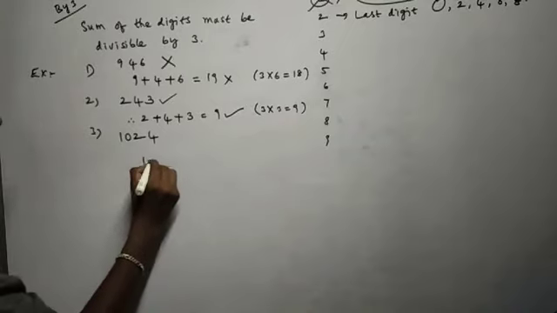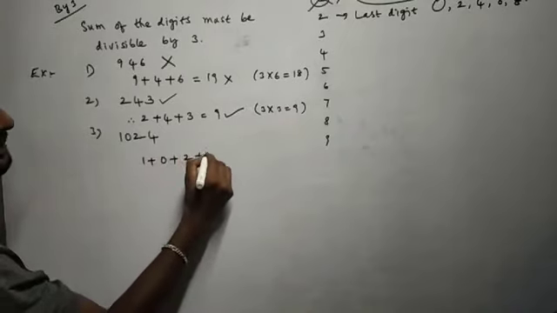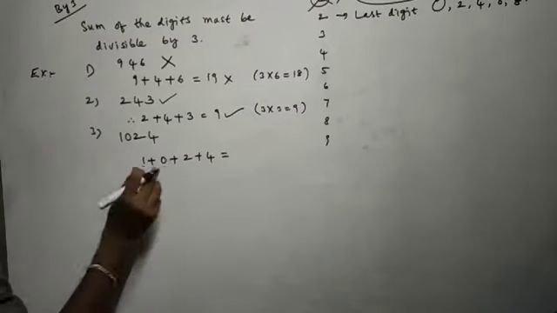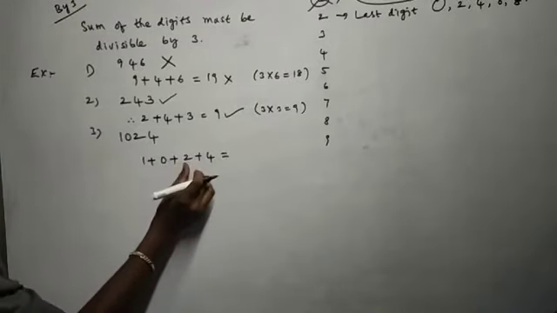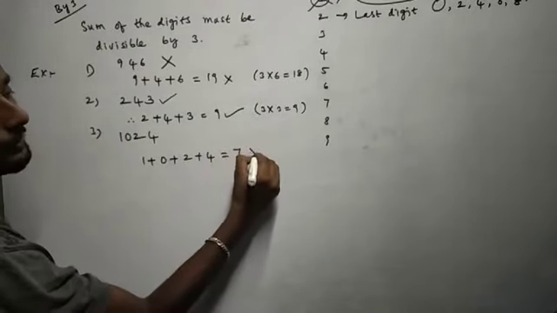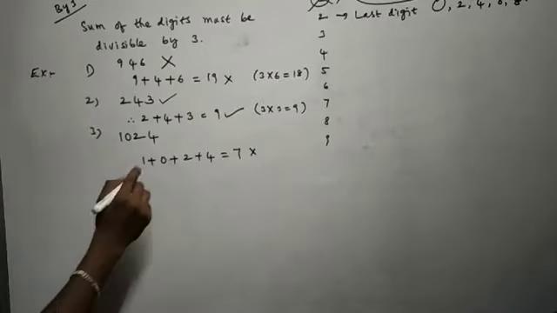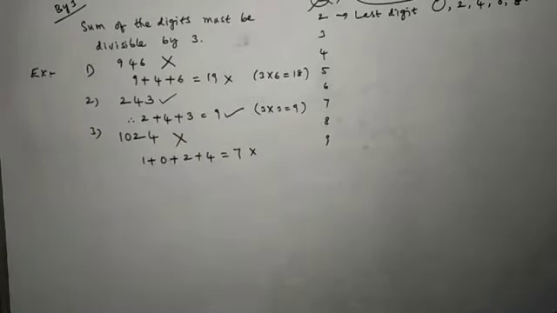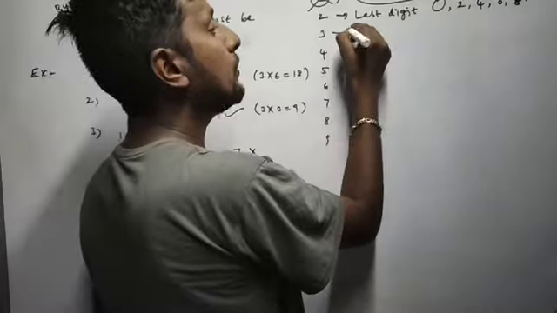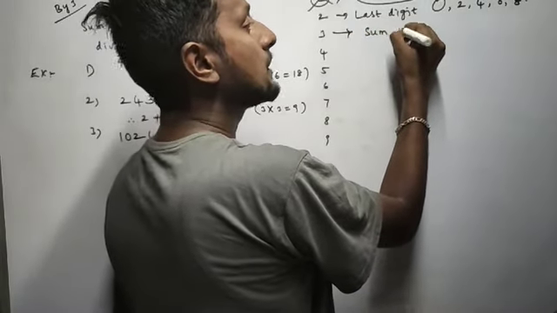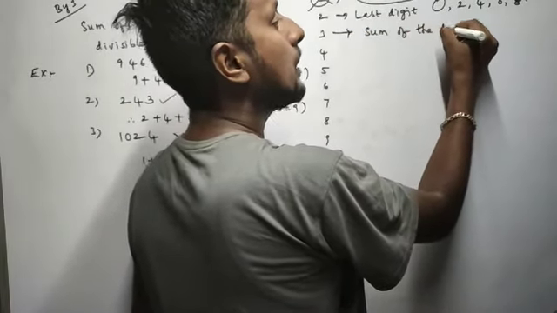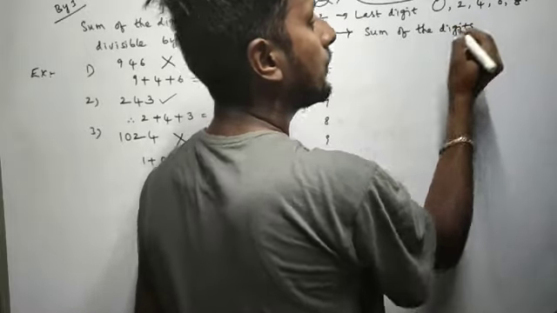So 1 plus 0 plus 2 plus 4. 1 plus 0, 1. 1 plus 2, 3. 3 plus 4, 7. 7 also won't come in the 3 table. So this number is also not divisible by 3. So simple, the divisibility rule by 3 is sum of the digits, right?